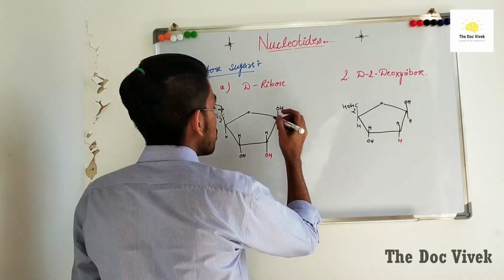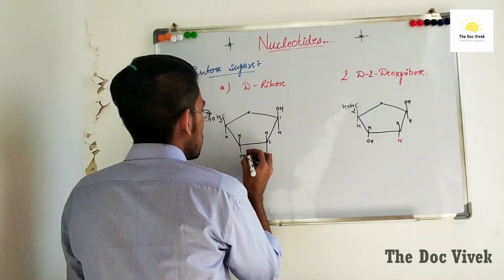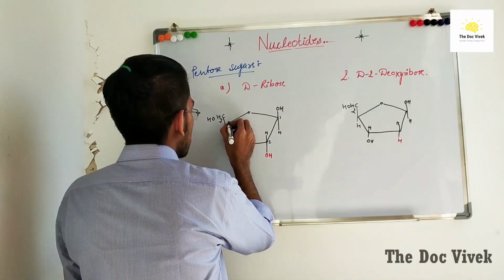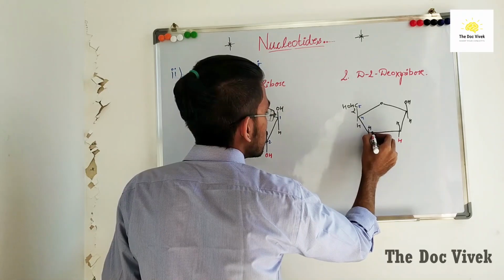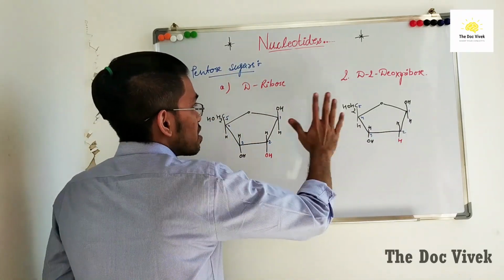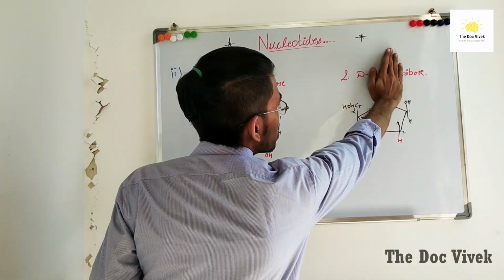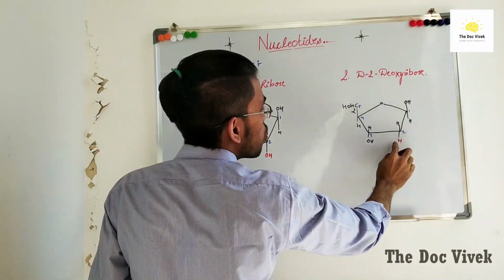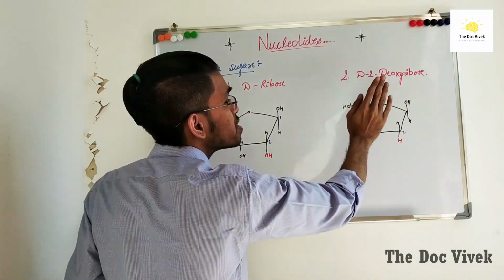Let me do the numbering of these carbons. 5. So this is the D2-deoxyribose, meaning the ribose sugar in which on the second position the oxygen group is absent. D means dextrorotatory.